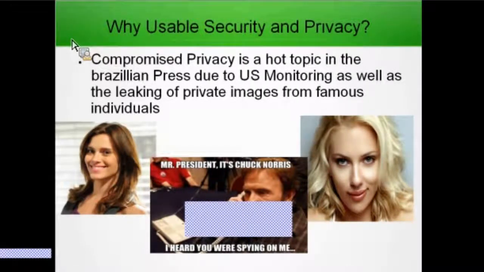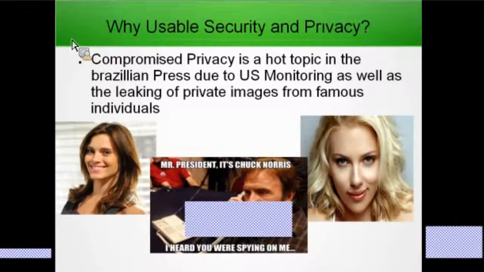We have a lot of cases, for example, in the Brazilian media. We've been announcing that the US is now spying on us, and there's a lot of compromising of the privacy of famous people.